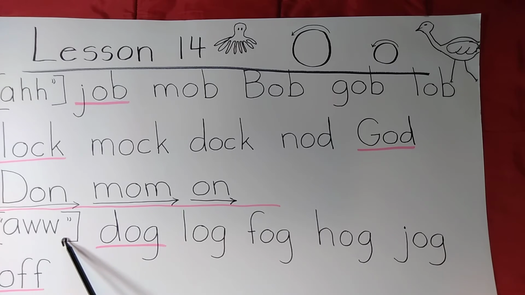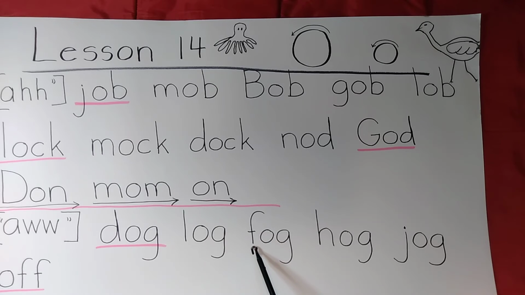Now, the second set of words that have o have the aw, ostrich sound. So we've got d-o-g, dog, l-o-g, log. Did I say dog here? I don't think so.